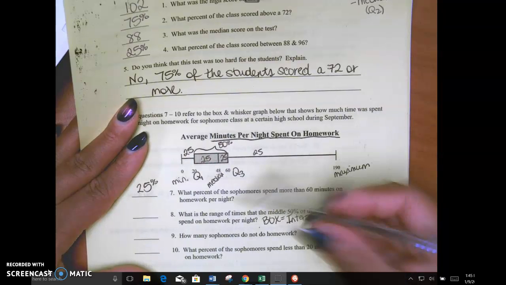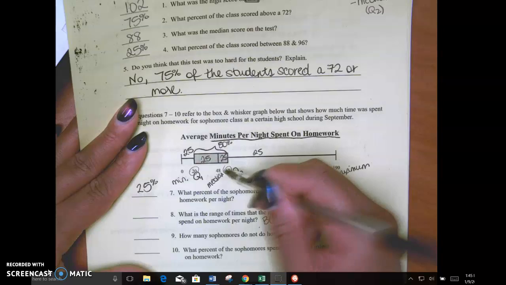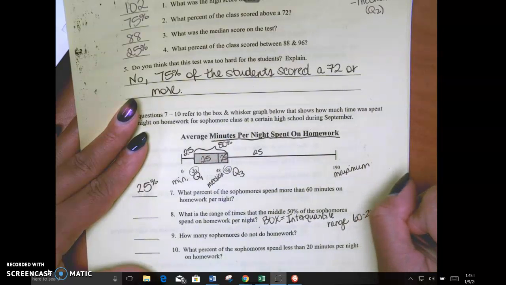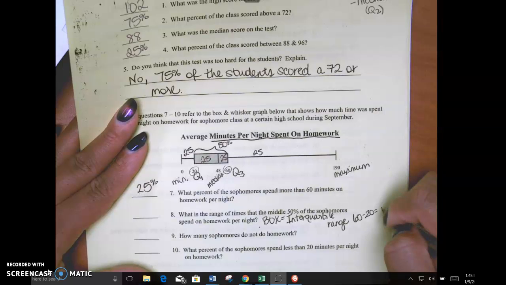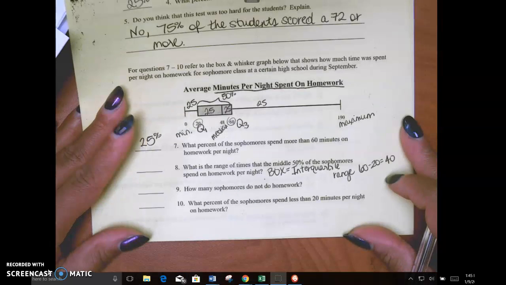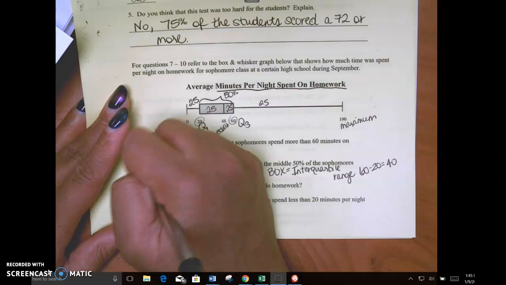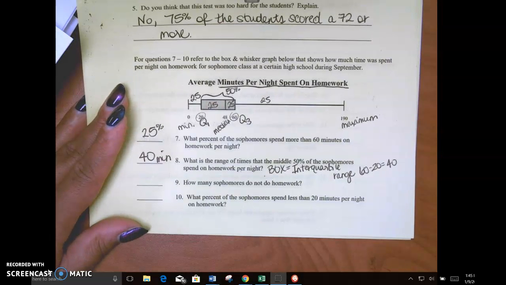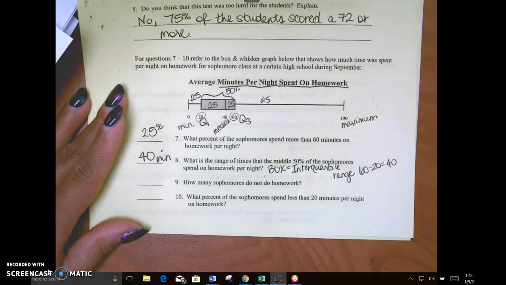So the interquartile range starts at 20 and goes to 60. What's the difference between 60 and 20? 40. All right. 40 minutes.